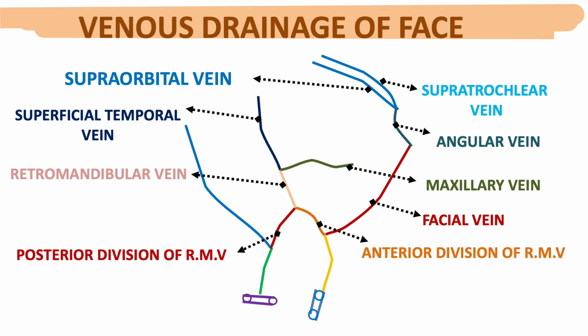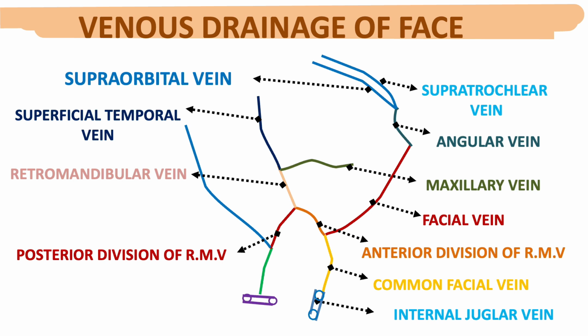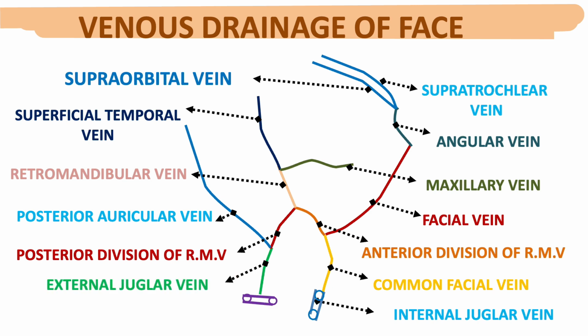Again, anterior division combines with the facial vein and it will form common facial vein, which will then drain into the internal jugular vein, and posterior division combines with the posterior auricular vein, which is behind the auricle, and it will form external jugular vein, which then drains into the subclavian vein.